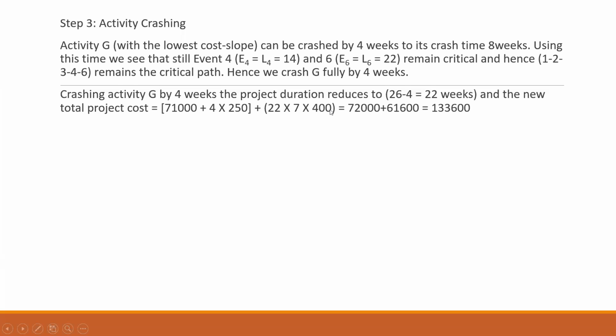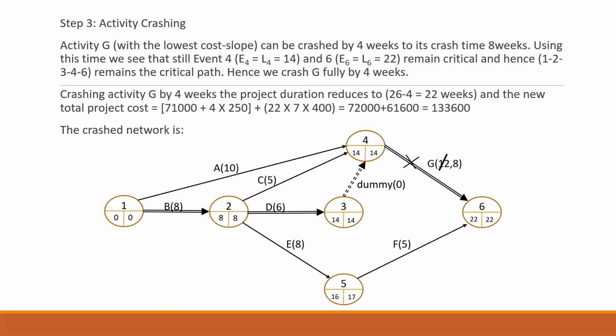This gives you 72,000 here, and as you can see, this value has changed, and my overall cost has also reduced. So it is now 1,33,600. Now, after doing this, we have crushed only activity G. Neither I have got any new critical path. So we need to first of all draw this path again, the new network diagram again.